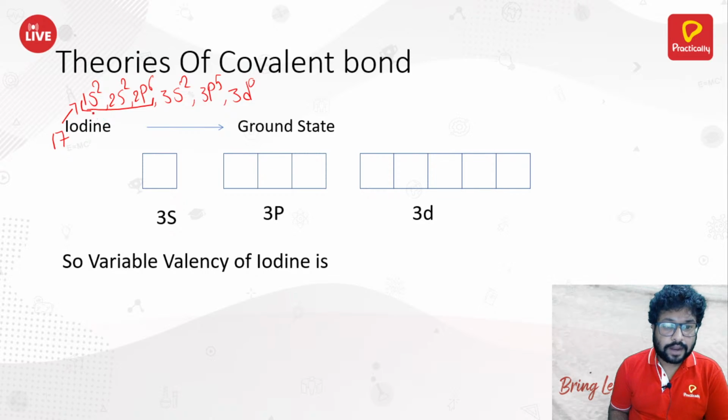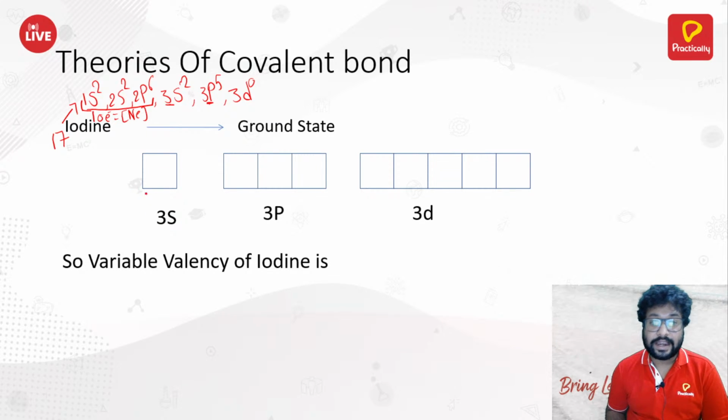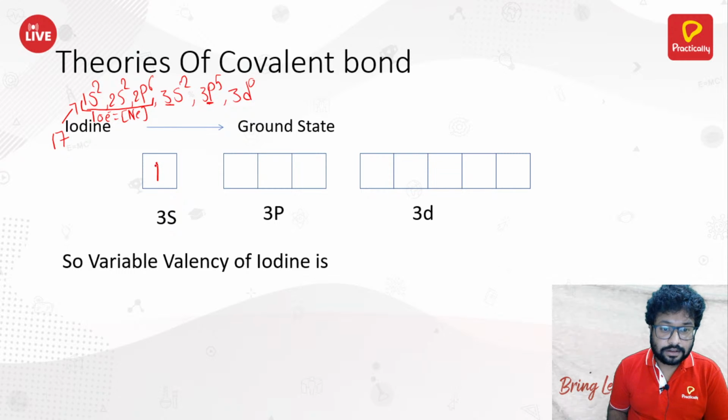So that's how you have 10 electrons here, that is equal to neon. Okay, and this is your valence shell. So we are not talking about inert core again. 2 electrons in 3s, 5 electrons in your p.